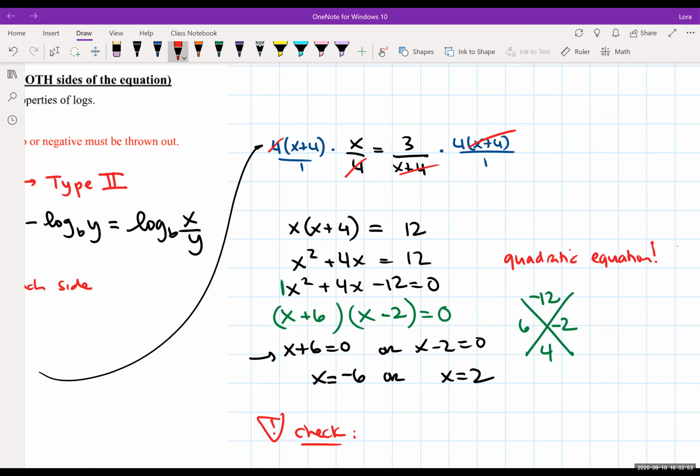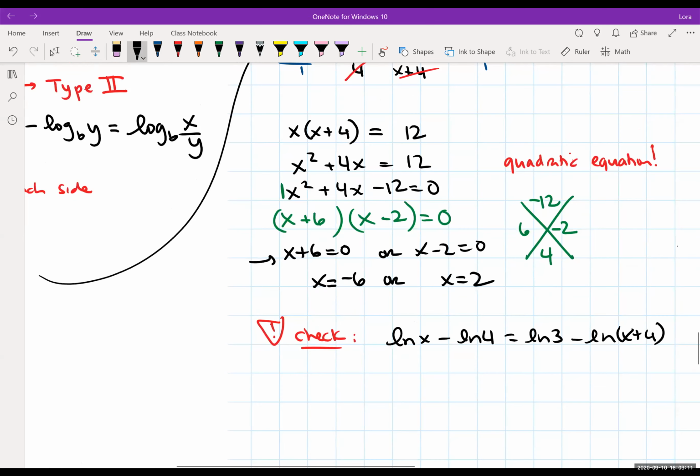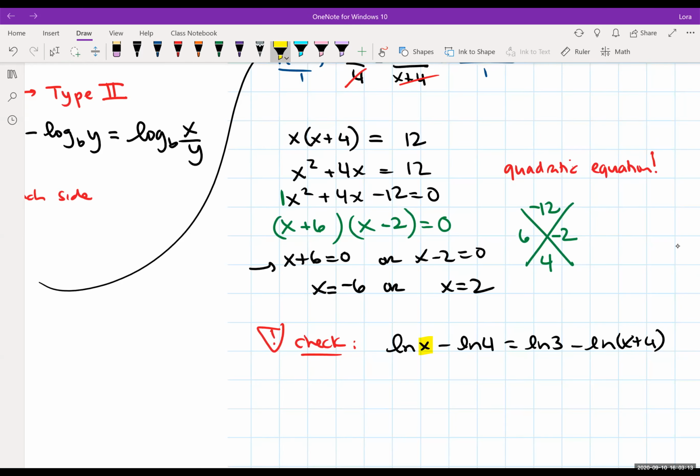What we mean by checking is rewriting our equations. Let me write it over again so we don't have to keep scrolling back and forth: natural log of x minus natural log of 4 equals natural log of 3 minus natural log of x plus 4.